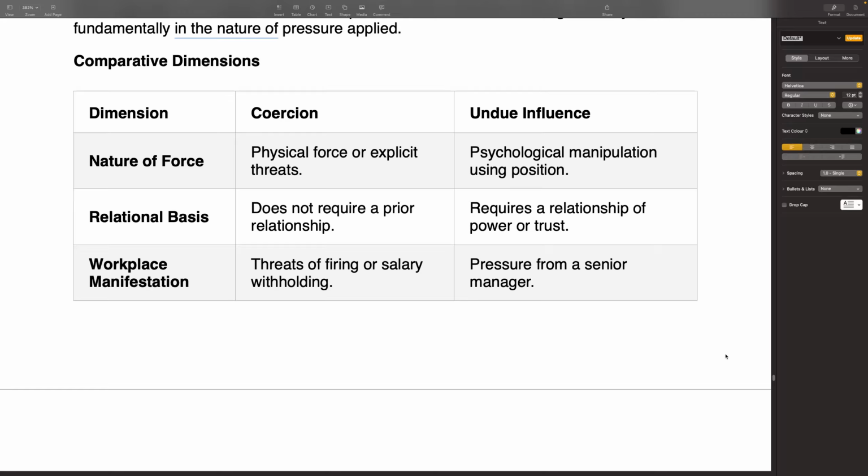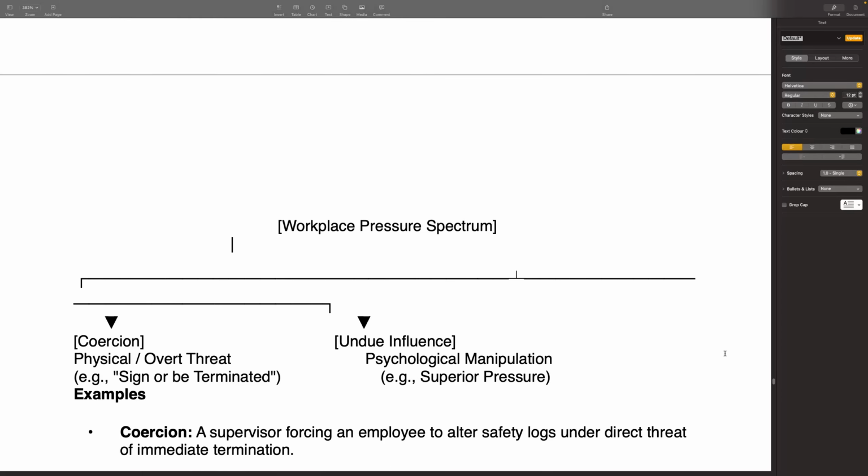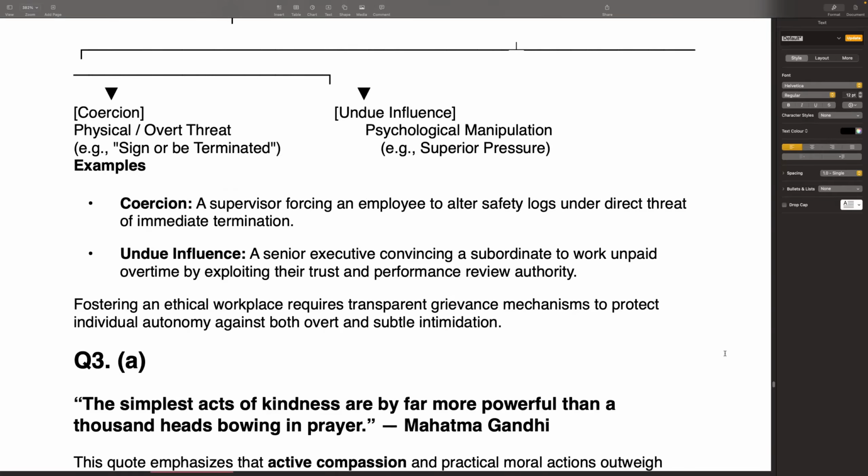Relational basis: coercion does not require a prior relationship, while undue influence requires a relationship of power or trust. Workplace manifestation: threats of firing or salary withholding, versus pressure from a senior manager. Coercion example: a supervisor forcing an employee to alter safety logs under direct threat of immediate termination.